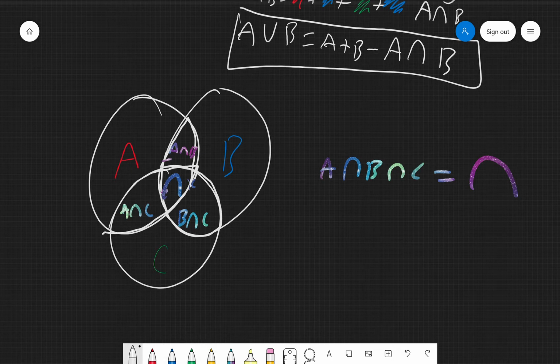If we want to solve for that area, we have to subtract the big intersection. So this area is B intersection C minus this intersection, and likewise for the others.